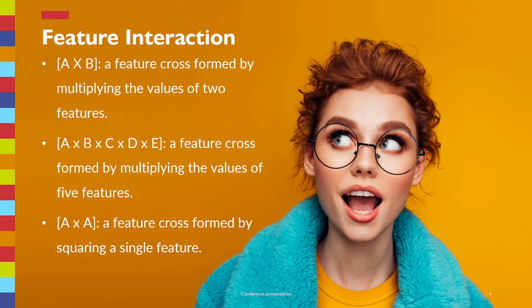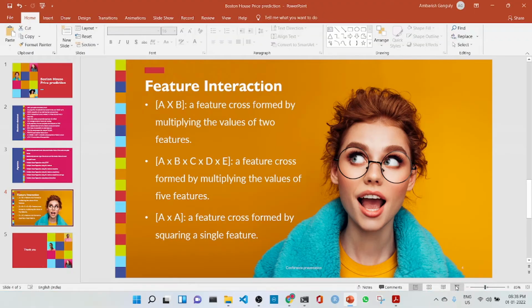Similarly, if we have 5 features, we can also maintain a cross and create a variable with 5 features, A cross B cross C cross D cross E. A feature cross can also be formed by squaring a single feature. So this is the feature interaction that we are having.